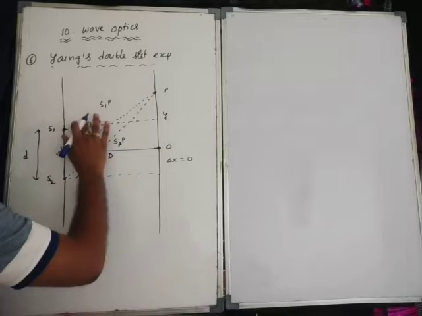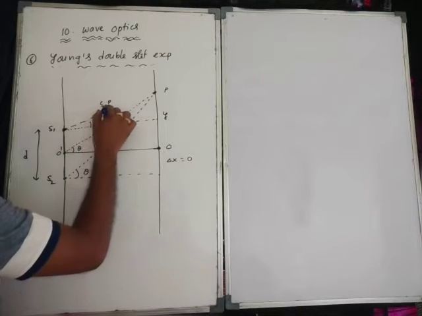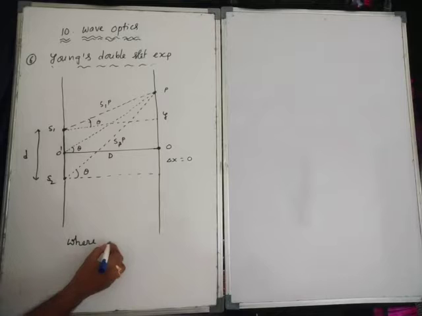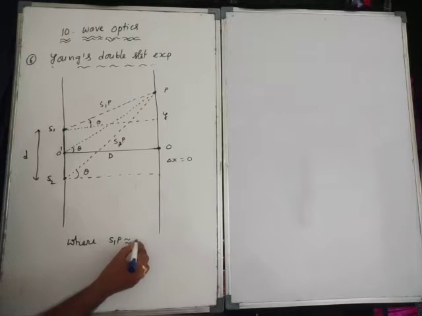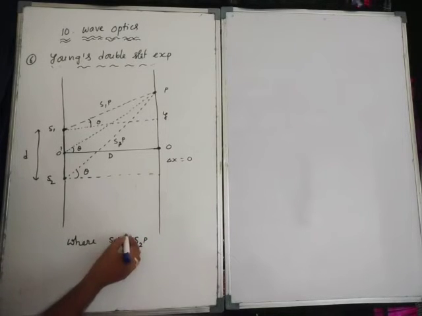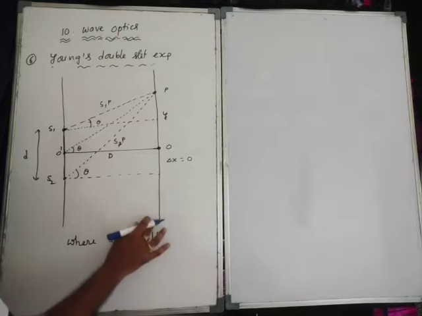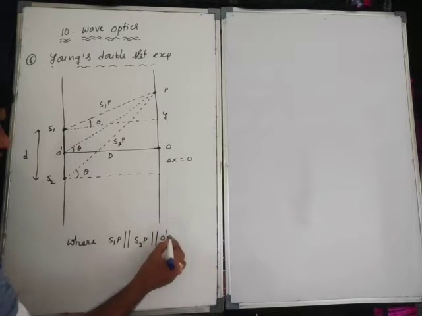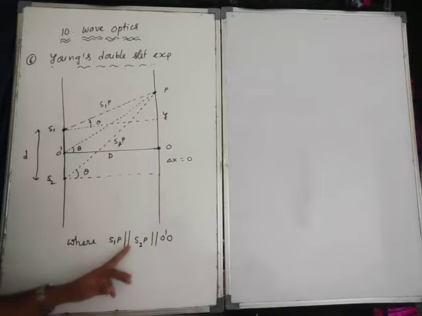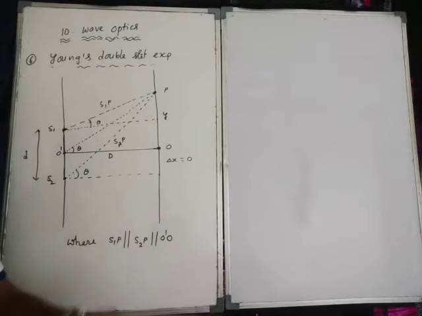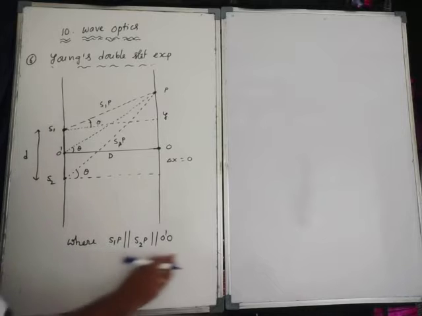Remember everybody, one of the most important points: S1P and S2P are nearly parallel, as well as O dash O. S1P is parallel to S2P is parallel to O dash O. This is a condition, remember, it is a condition.